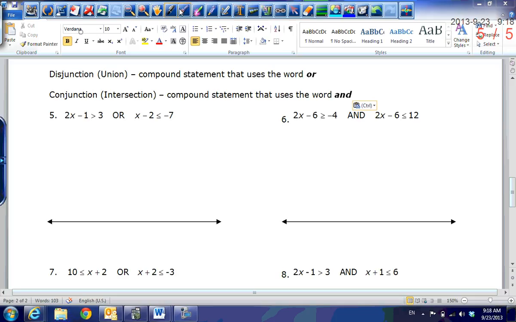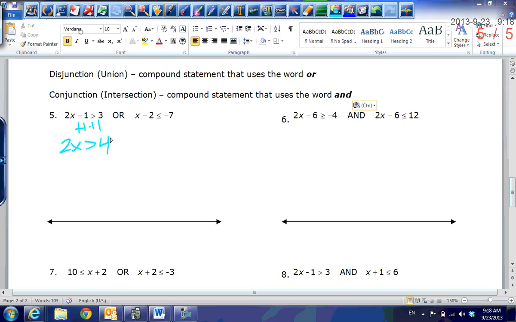When it comes down to graphing these, the first thing we have to do, well, what do we do? So, we have to solve both of them for x. So on number 5, what should I do first? Add 1 to both sides. So 2x is greater than 4. We just treat that inequality sign just like an equal sign. We're just going to solve for x.